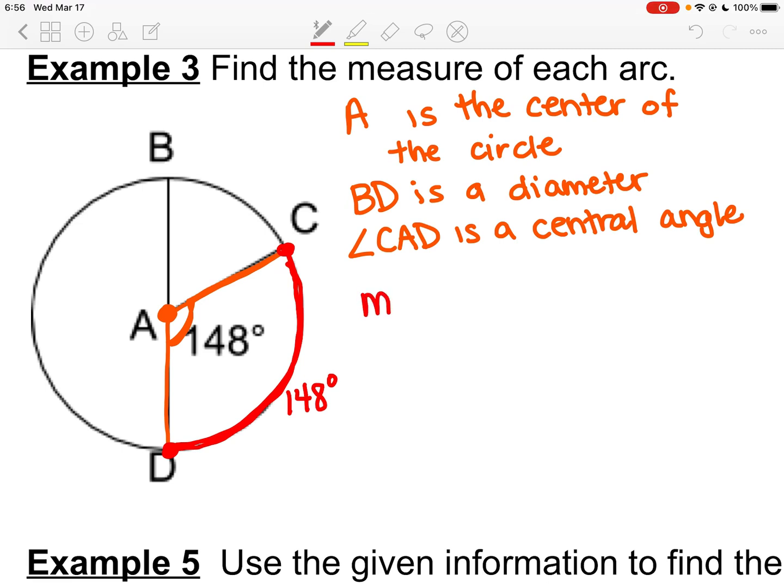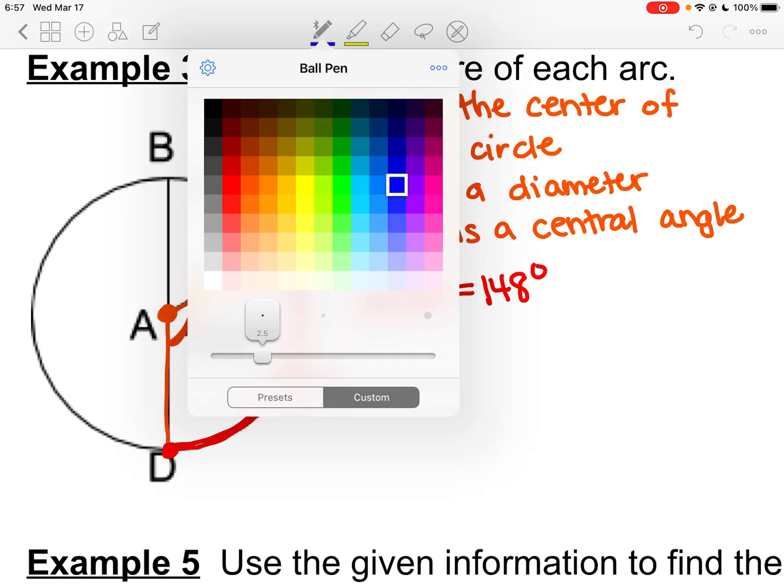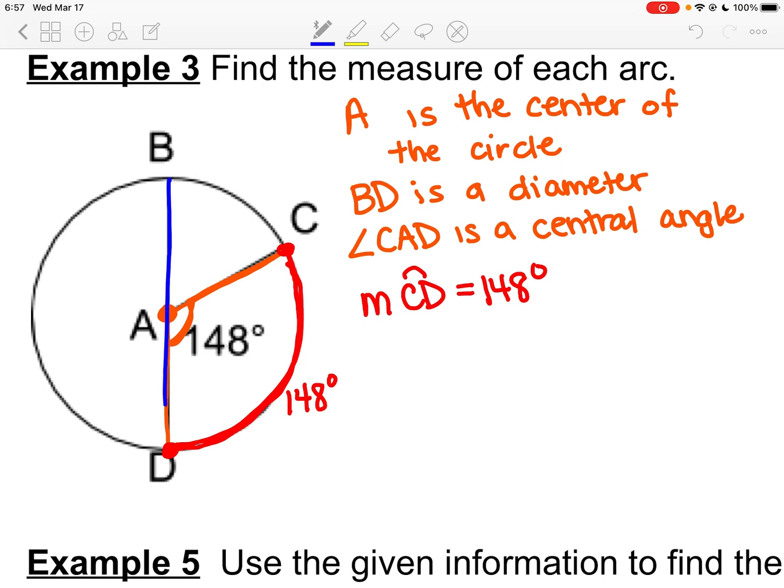So the first arc that we found is the measure of arc CD is equal to 148 degrees. All right, so if we know that BD is a diameter, then that's also a straight line. So another thing I can do is think about this straight line and what has to be left over here if angle DAC is 148 degrees.